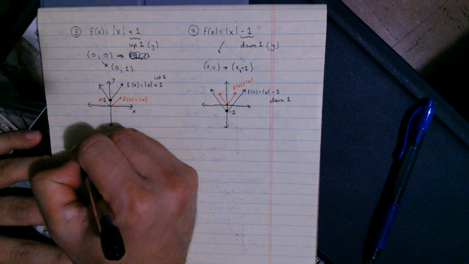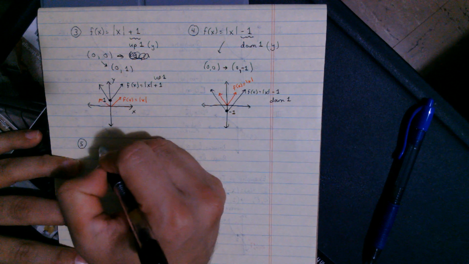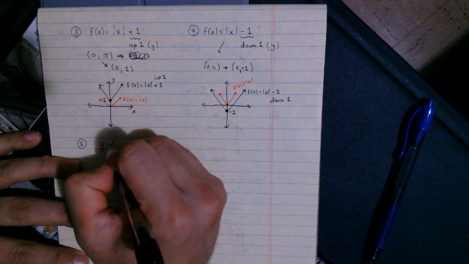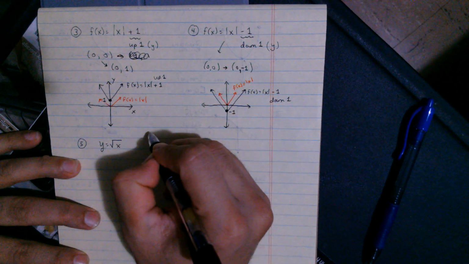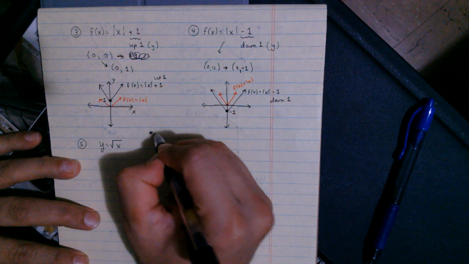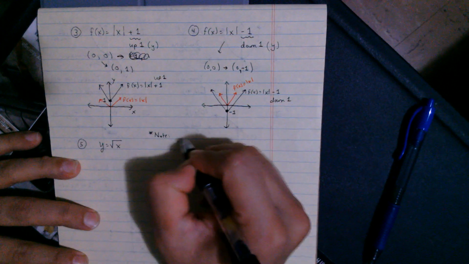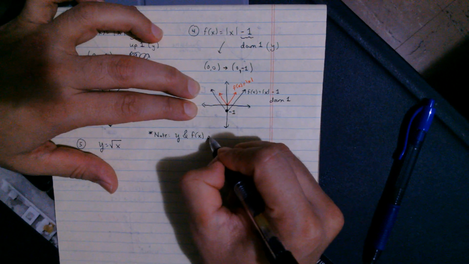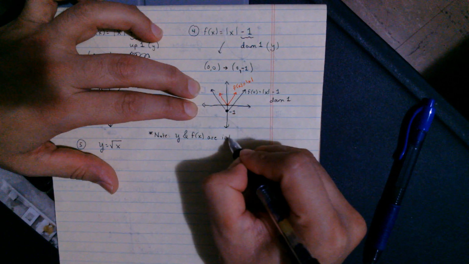Okay. So let's look at a fifth one here. Again, I'm going to use y. Essentially, I want you to note that y and f of x are interchangeable here.